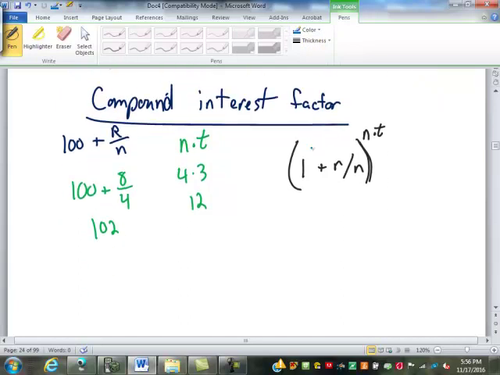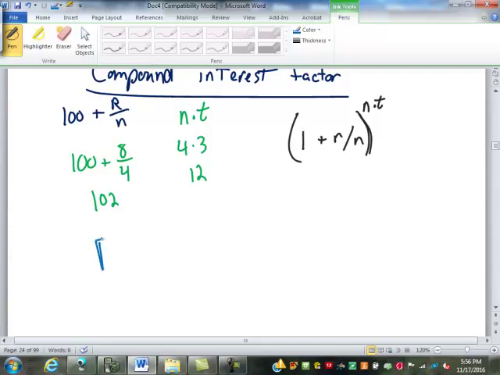Depending on which direction I am going here, my future value is equal to my present value. Present value, remember, is what it's worth right now, times this factor: 1 plus r divided by n to the power of n times t.